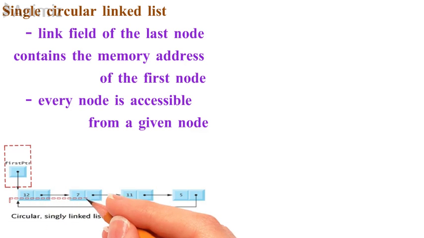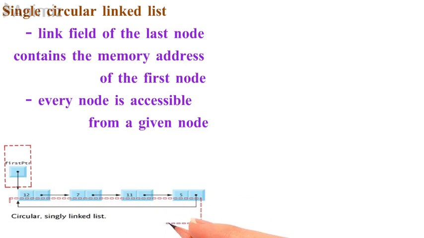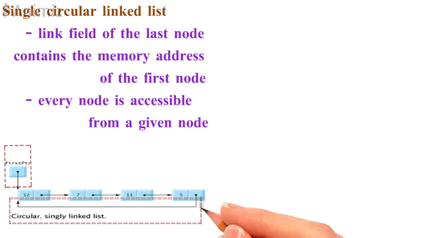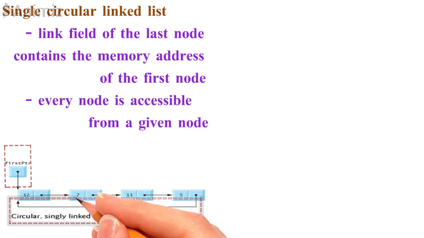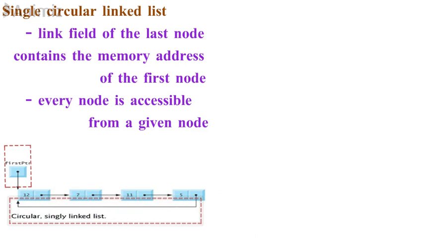That is, the link of the last node is not null. The link in the last node contains the address of the first node. The link field in single circular linked list of the last node contains the address of the first node that is present in the list.